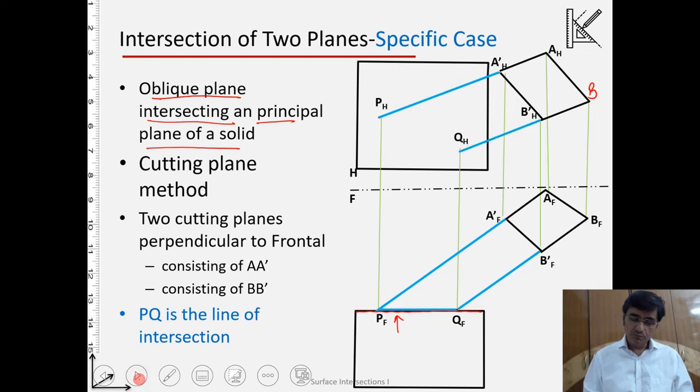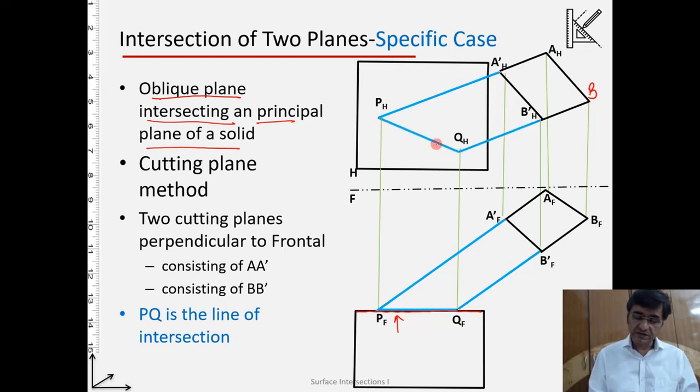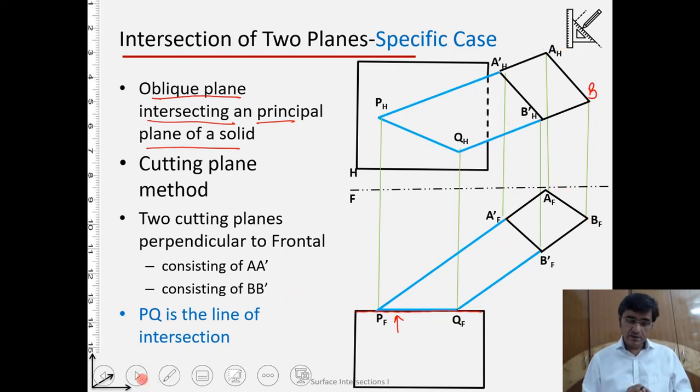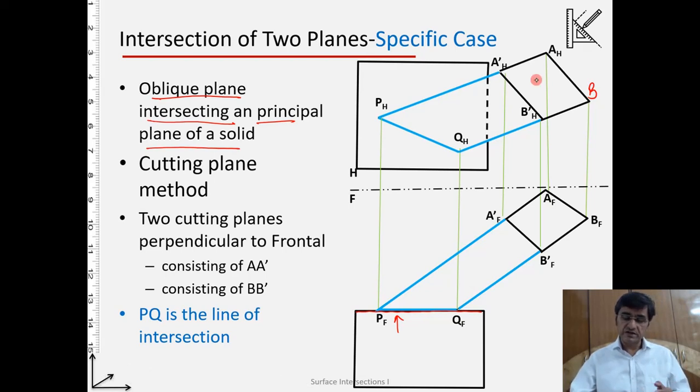So PHQH is the line of intersection of the top horizontal face of the given cuboid with the given oblique plane. And how? Because this plane is on top of the object, that is why this side of the cuboid will be shown as hidden.